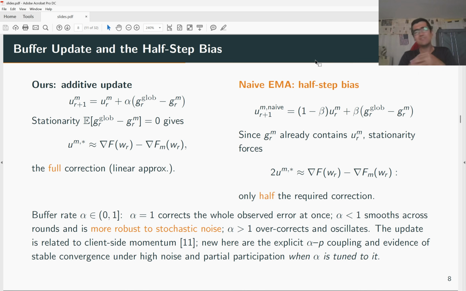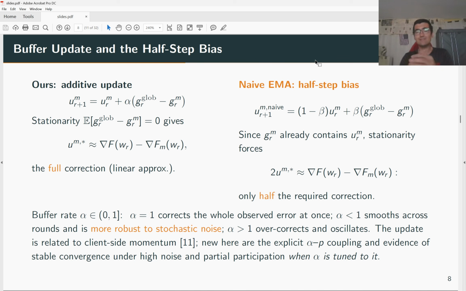But there is a subtlety here, and it's one of our main contributions. You might be tempted to do the seemingly natural thing instead. The right box, an exponential moving average of the observed differences. Here is the trap. The local pseudo gradient already contains the buffer you applied.